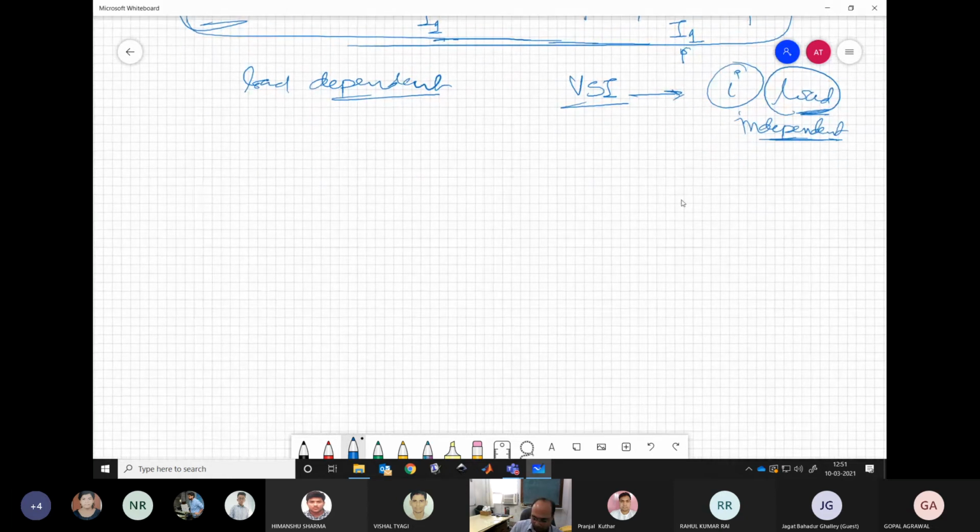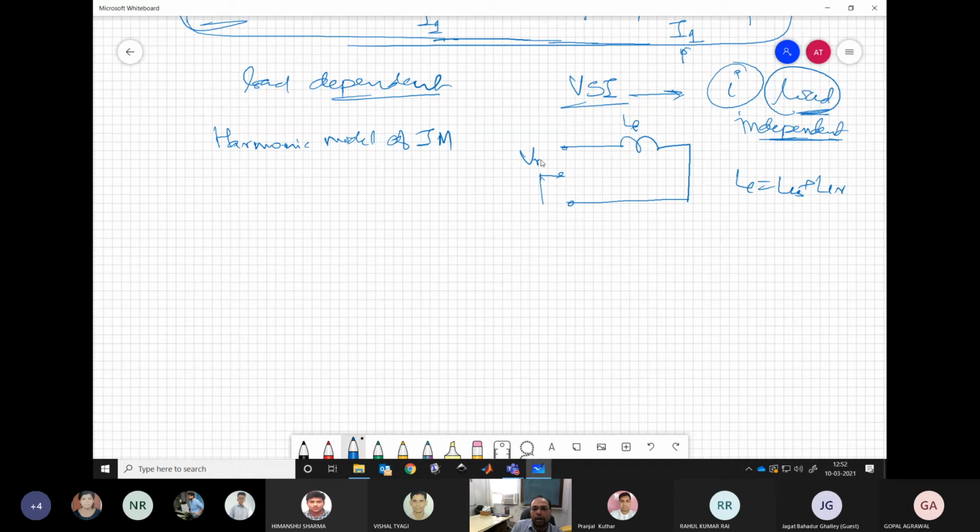So let us see that. We have seen the harmonic model of the induction motor. By and large, this is the sum of the stator and rotor leakages, LL, where LL is LLS plus LLR.